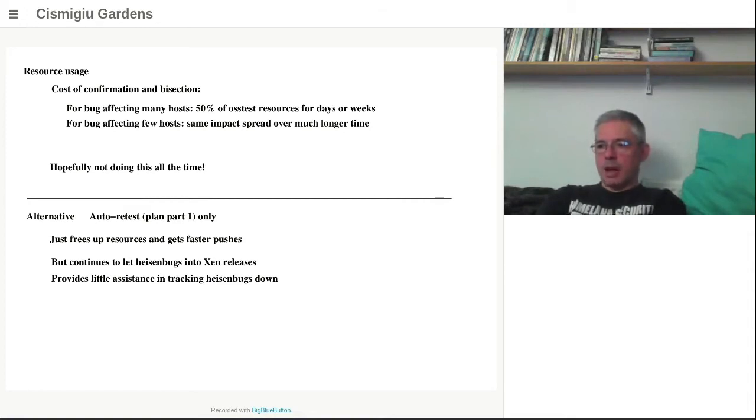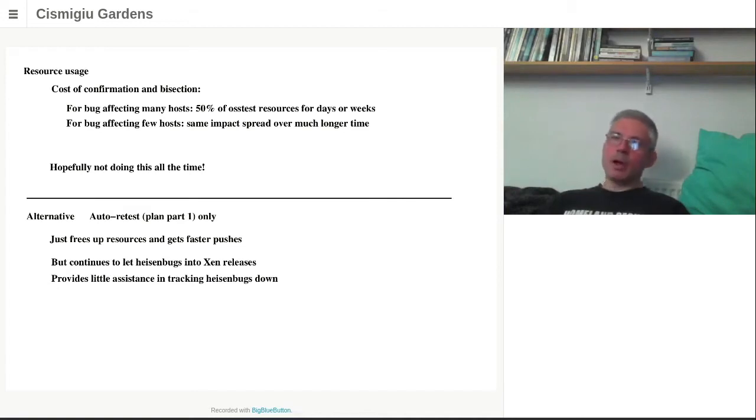And it will use a lot of those hosts to hunt the bug down. I'm kind of hoping that deploying something like this, that is at least giving developers a confirmation that they have introduced a Heisenbug and that it is a regression, might concentrate minds and might improve the code quality. So hopefully osstest won't be doing this all of the time.